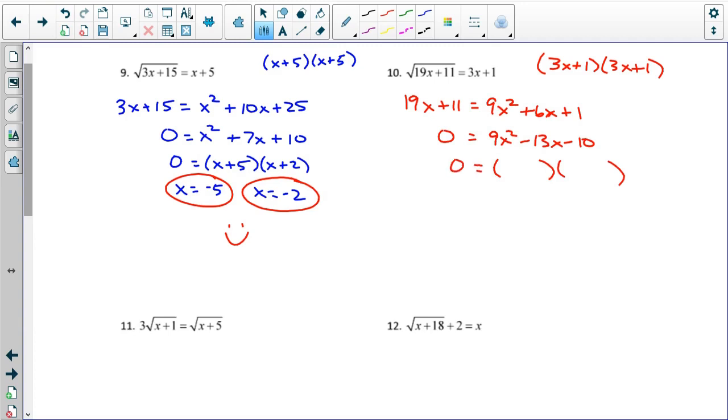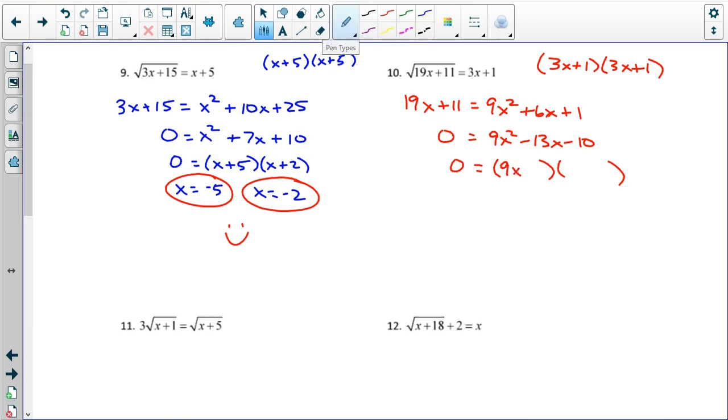And now I'm going to factor this. I will try 3x and 3x, and we'll see if that works. 5 and 2, so that would be 15 and 6. That's not going to work. 10 and 1 will definitely not get me to 13, so I need 9x and x.